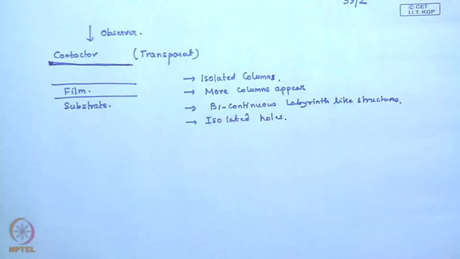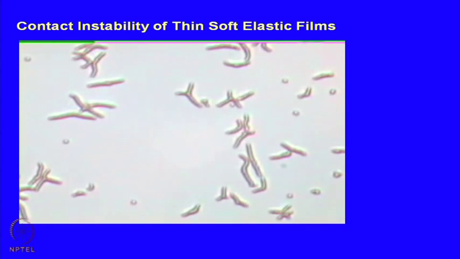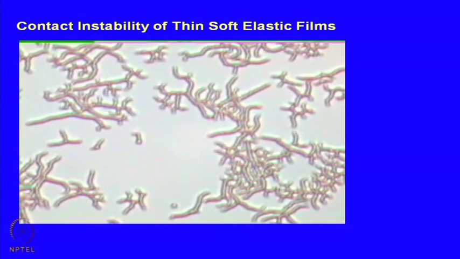Here is something which is again very interesting. Let us start from the beginning again and watch the movie. The contactor is approaching from the top, and the instability manifests with the formation of some isolated columns, and then as it approaches further, more columns appear, and then suddenly you see a whole lot of structures.